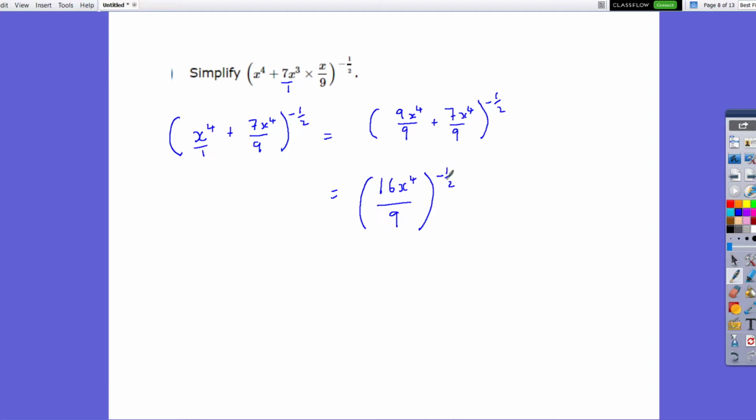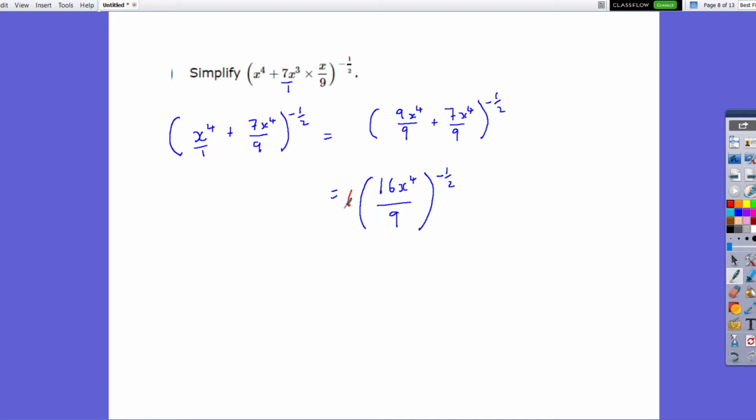Now, in order to change this, minus just means it's got to be 1 over. So the easiest way to do this is to simply turn this fraction upside down, because 1 over 16 over 9 will be just 9 over 16.